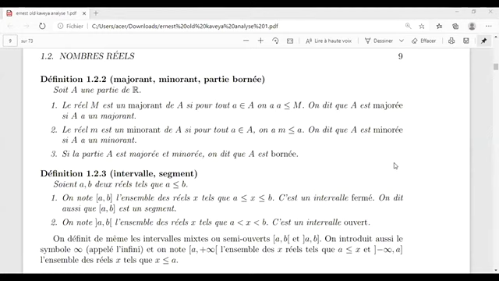Upper limit, très bien. Jabez has said upper limit, it's very correct. Katongo, according to you, what can be majorant? Okay, Katongo is correct.